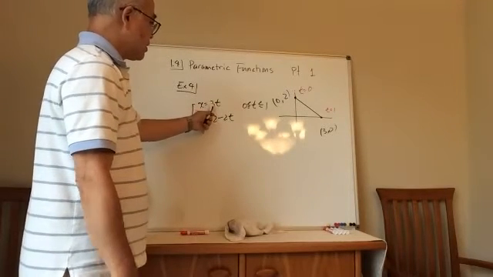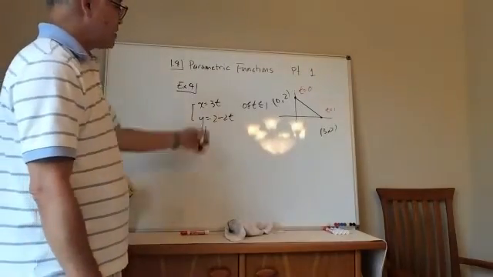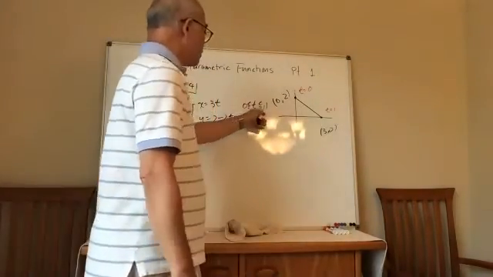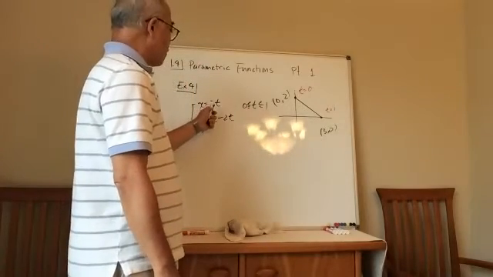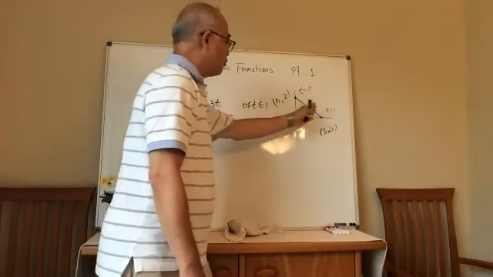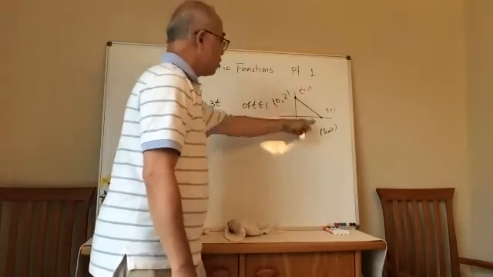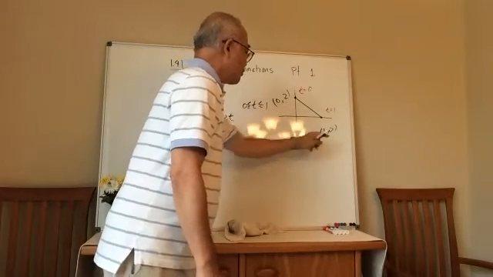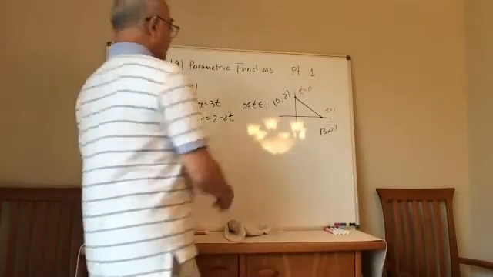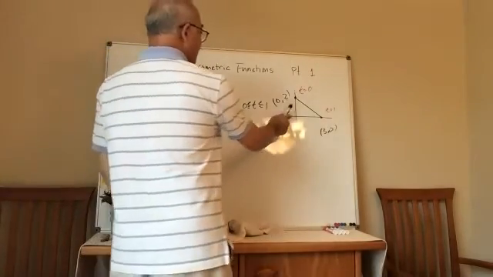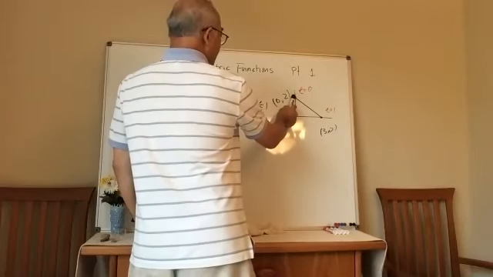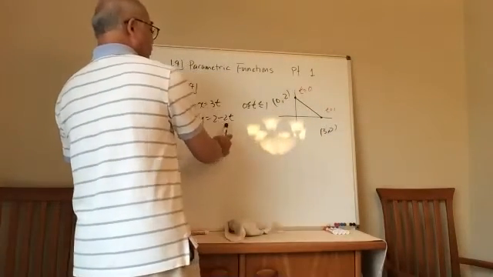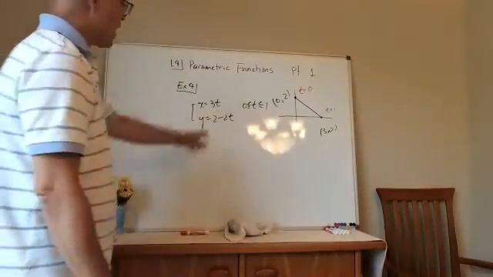This 3 means that from t equals 0 to 1, I went from 0 to 3 in the x part. And the negative 2 here means that I started at 2 in the y, and then I ended up dropping 2. So that's what those things are.